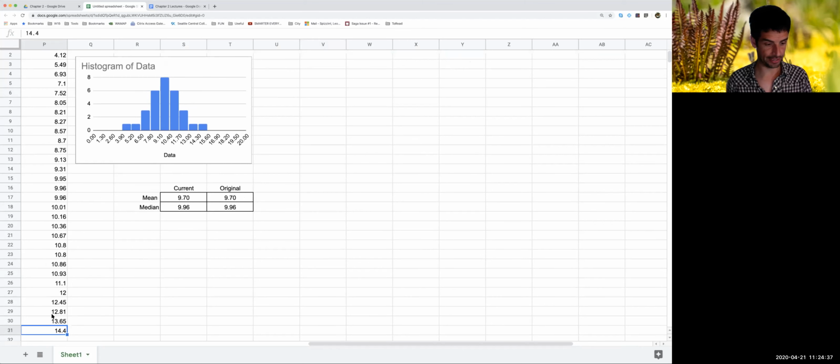Let's change it to something like 6. Maybe I'll change this one to 4. Maybe I'll change this one to 3. And let's do one more. Let's change this one to 4.5. Okay, so if you looked at what was happening with our histogram, the bins over here were slowly disappearing, and we were pulling data over here to the left.